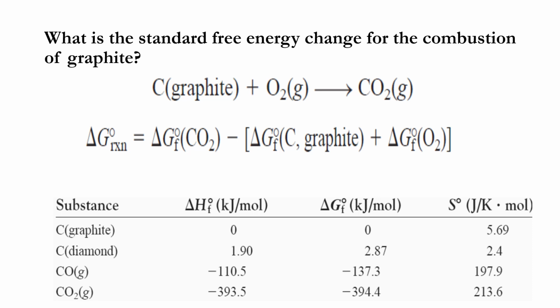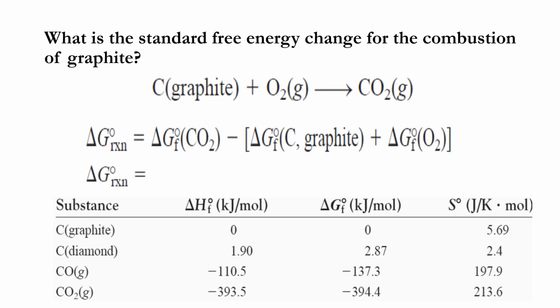For the standard free energy change for this combustion reaction, we have the free energy of our product, which is carbon dioxide, minus the sum of the free energy of our reactants, which are graphite and oxygen.